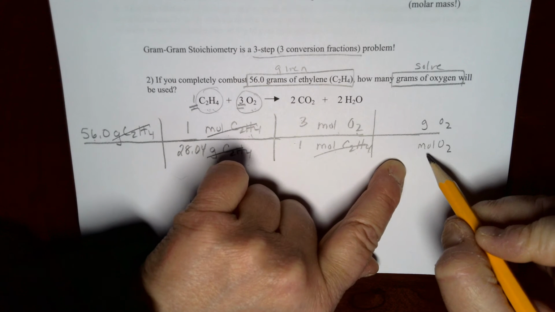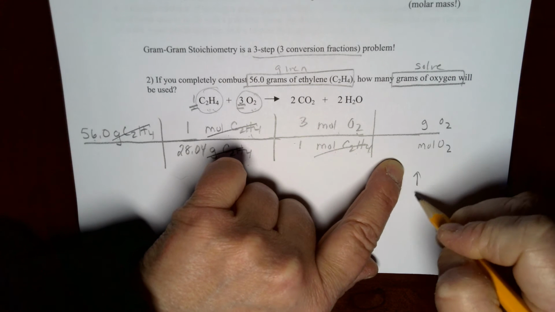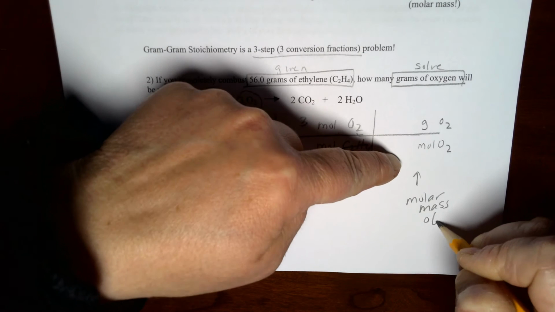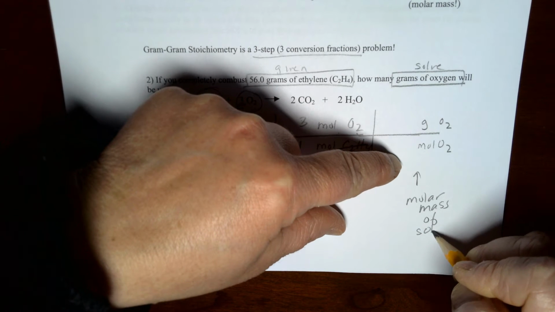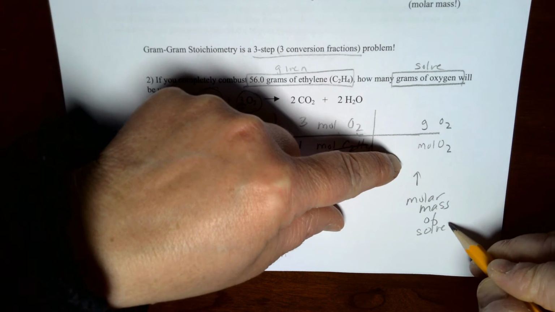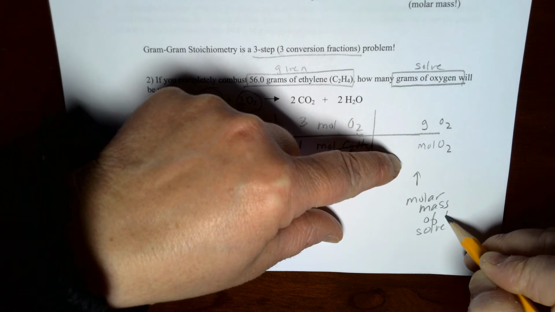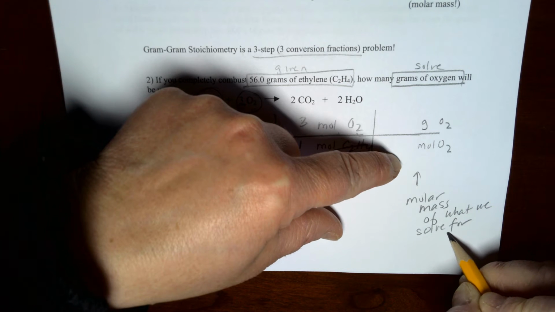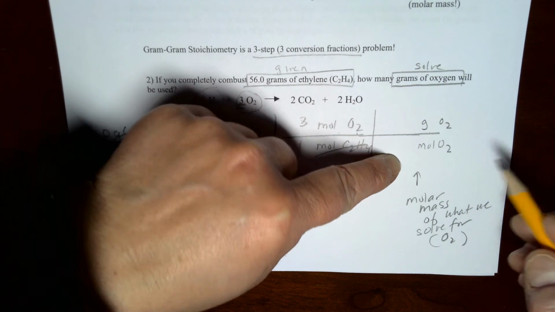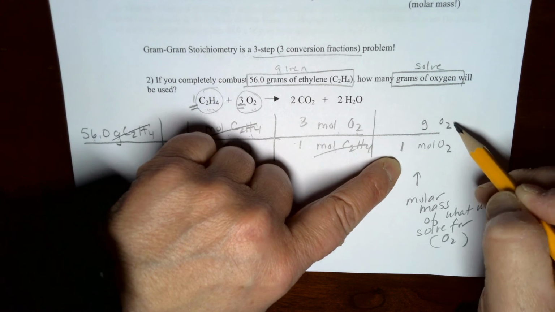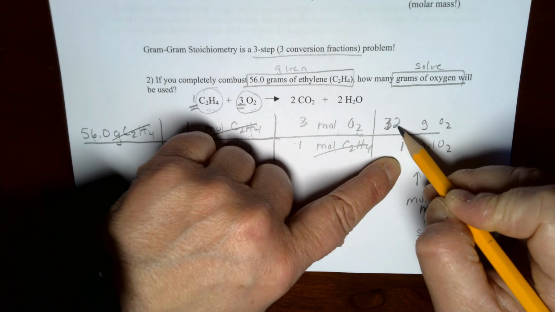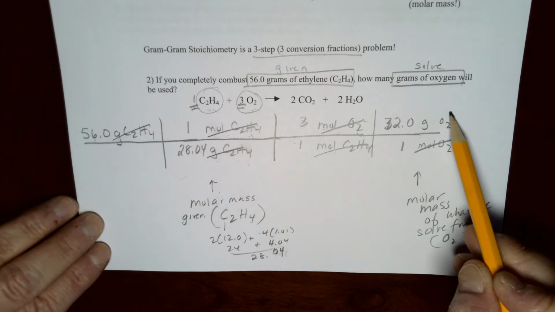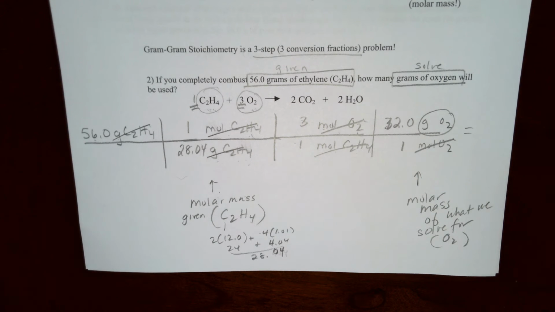This is just molar mass of what we need to solve for, and in this case, it is O2. So 1 mole of O2, each oxygen 16, so 32.0 grams. Moles of O2 will cancel, leaving us with grams of O2 as our unit.